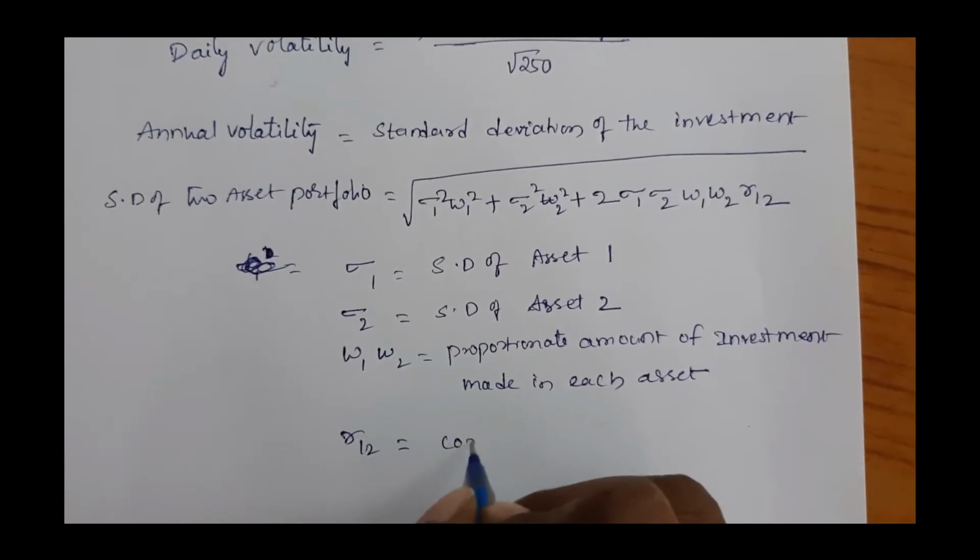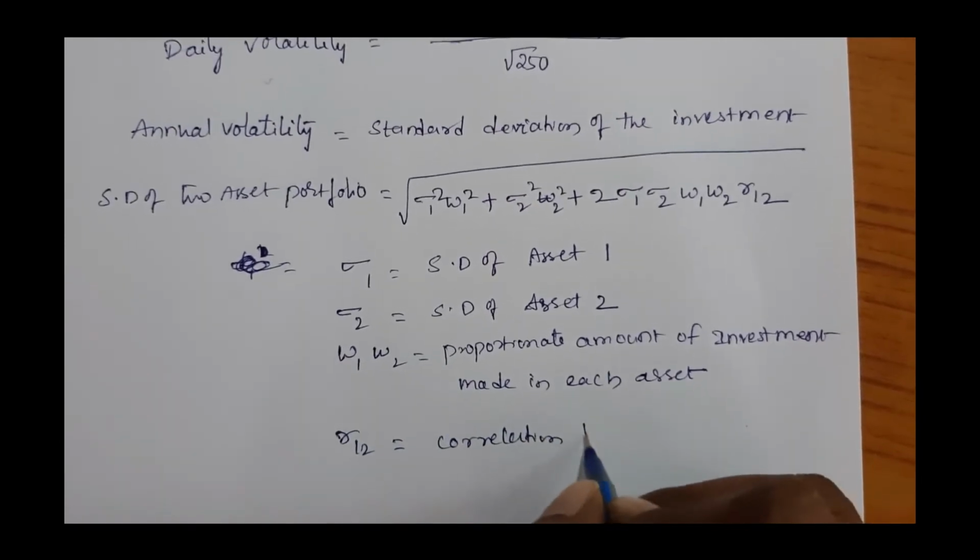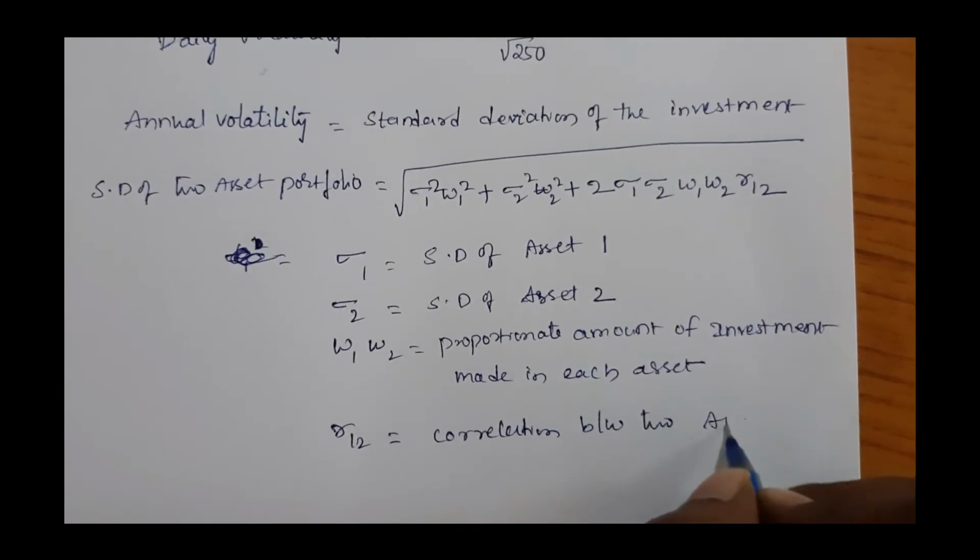R12 represents correlation between two assets.